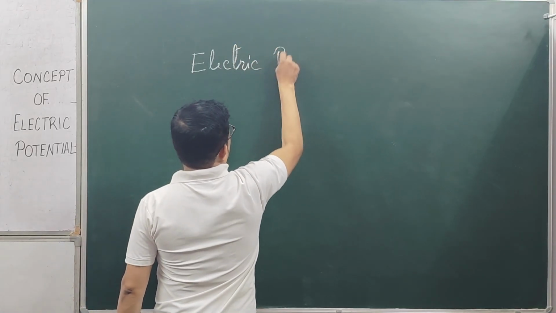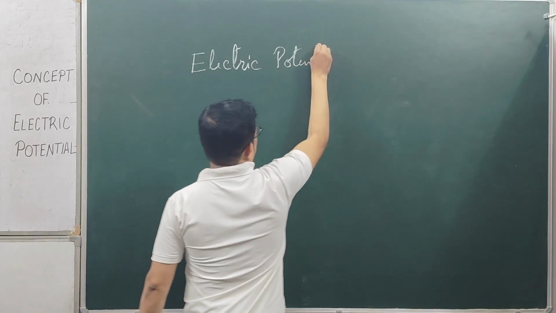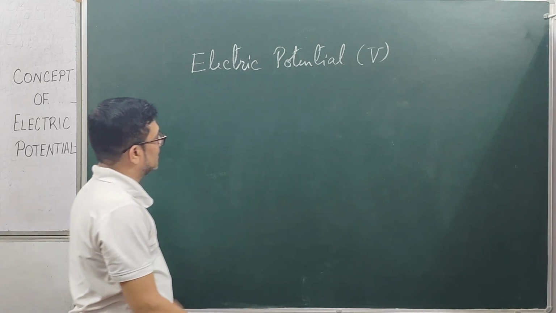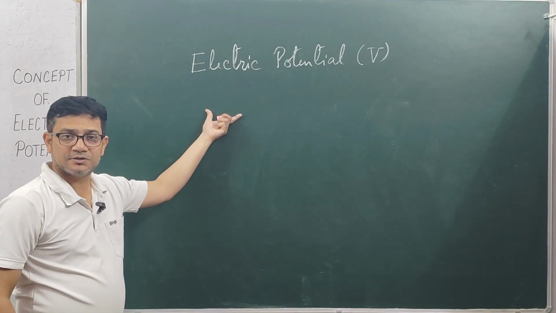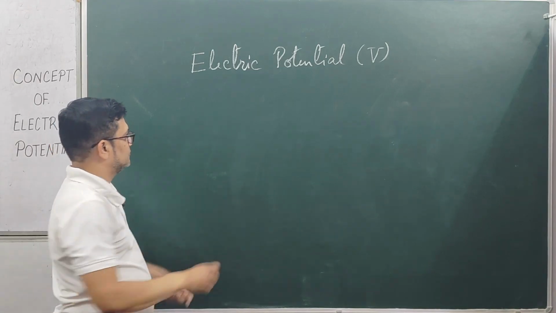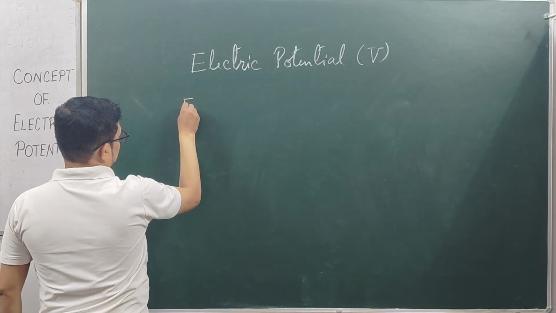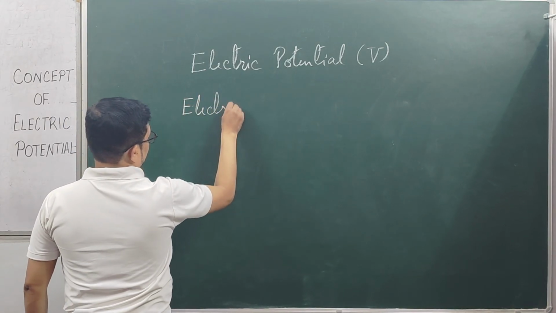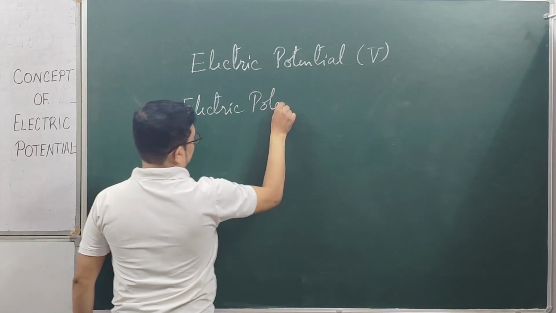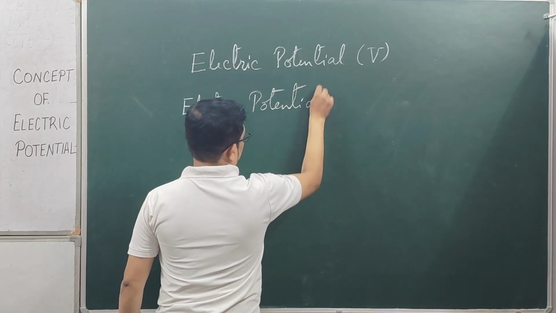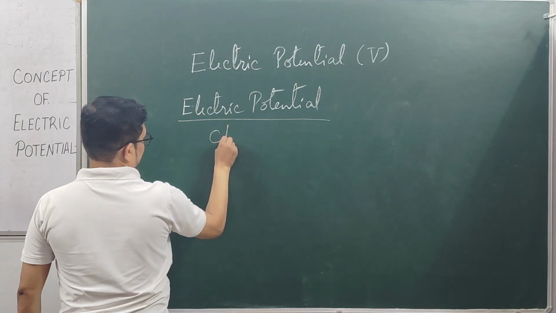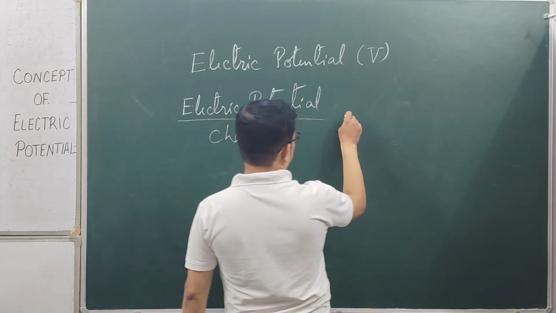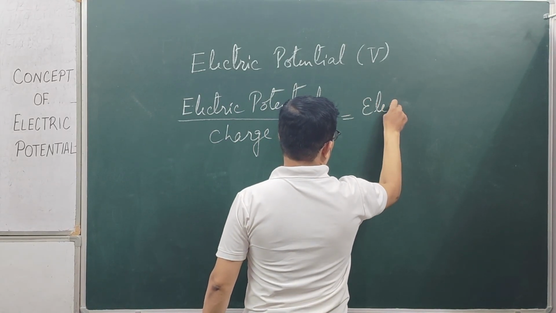So electric potential is abbreviated as V. It is electrostatic potential energy per unit charge. So if you want to have an equation, we can write that electric potential energy per unit charge in the electric field is equal to electric potential.